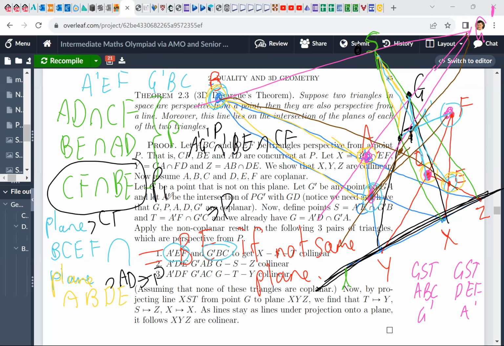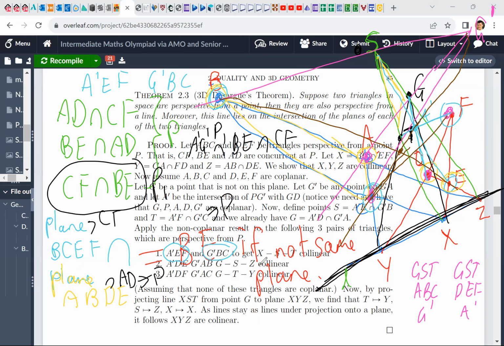If we notice that GSZ is collinear, by definition basically, we get this as well from the previous proof, but you don't need the motivation to verify that it works.